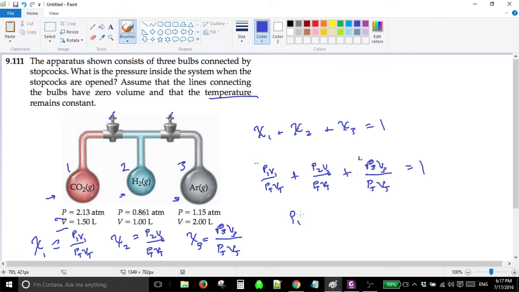So that means P1 V1 plus P2 V2 plus P3 V3 over P total V total equals 1. What does that mean? Well, that just means I can multiply both sides by P total V total.